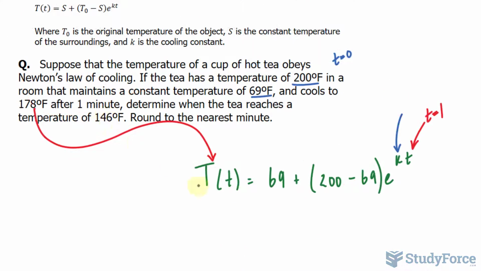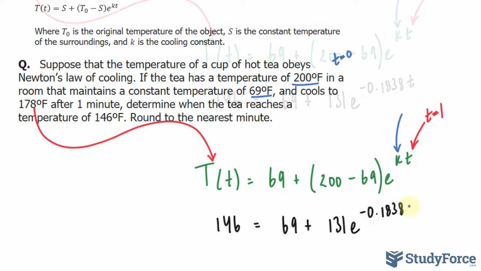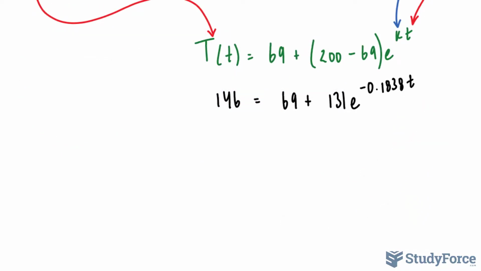We need to find the time when 146 is reached. So I'll place 146 into this place. 69 plus 131 e, and remember k was negative 0.1838. And now we're looking for the time.